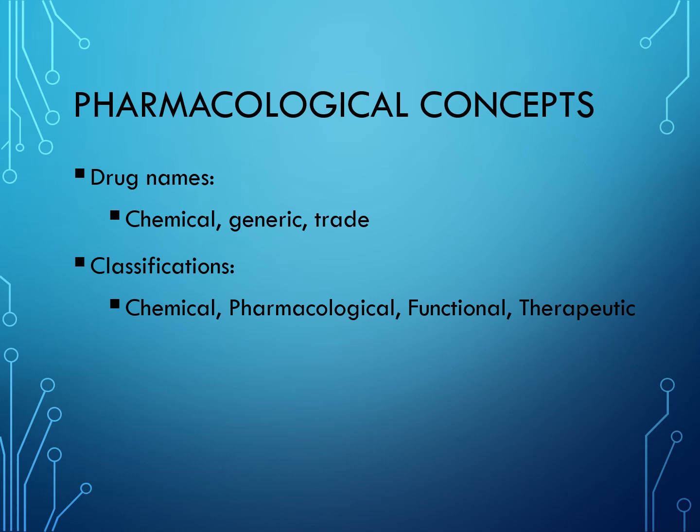The drugs also have classifications they belong to. They can be classified by their chemical makeup, their pharmacological effect on the body, which is how the drug works in the body. This is called mechanism of action in most nursing books. Terms you may hear are beta blockers or ACE inhibitors or cephalosporins.